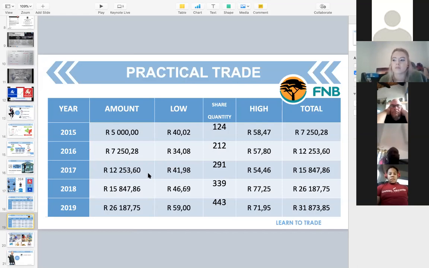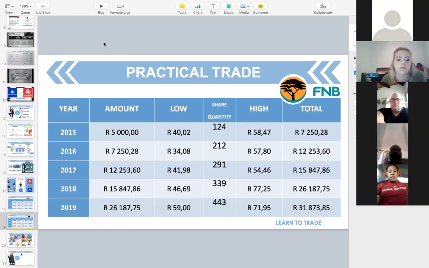Got a question here. So I take it you can never approach the JSE as an individual. You must go through a broker. That is correct, Kanisa. Every single person that wants to trade on the JSE, you guys must remember that the JSE is just a platform for traders. So remember the Gumtree thing?